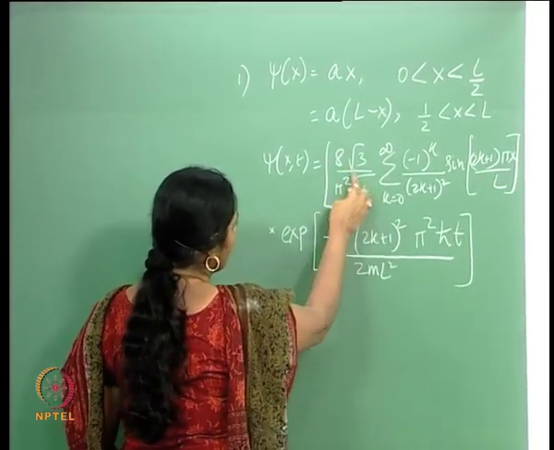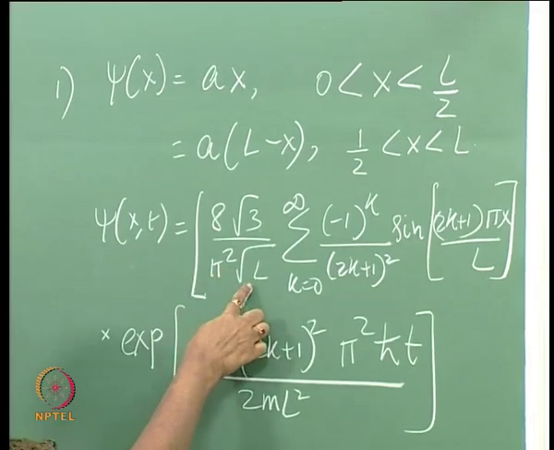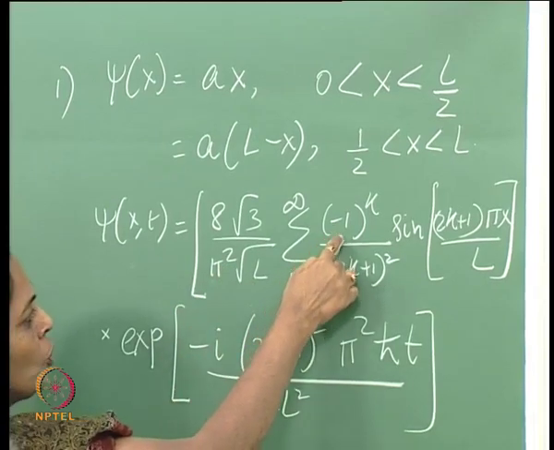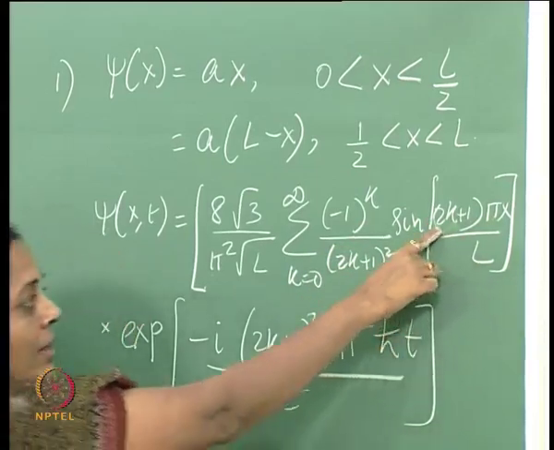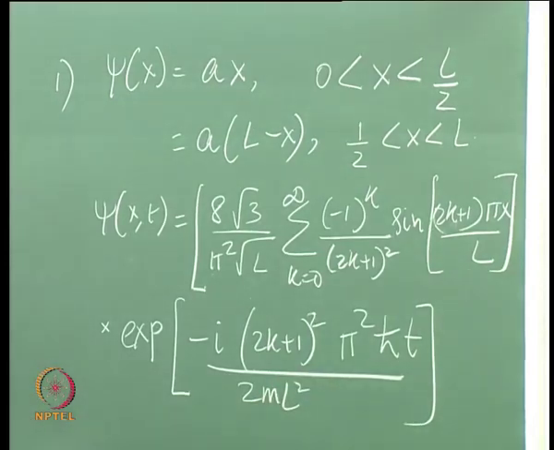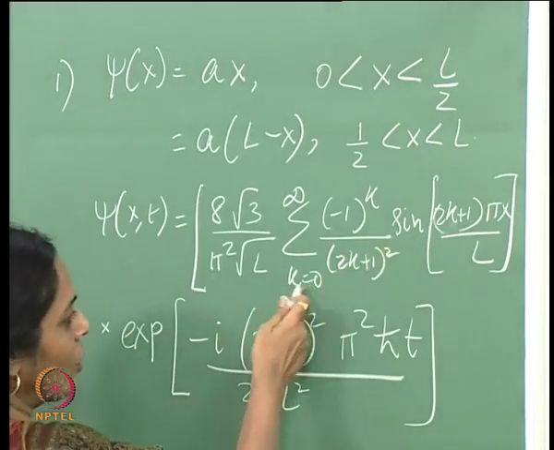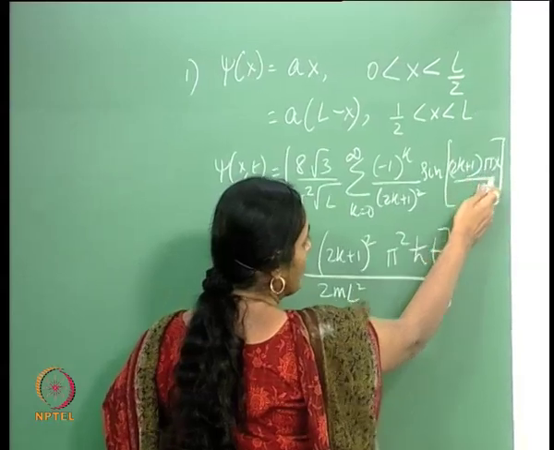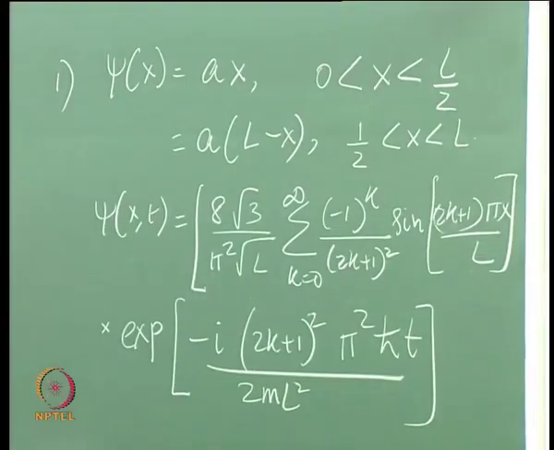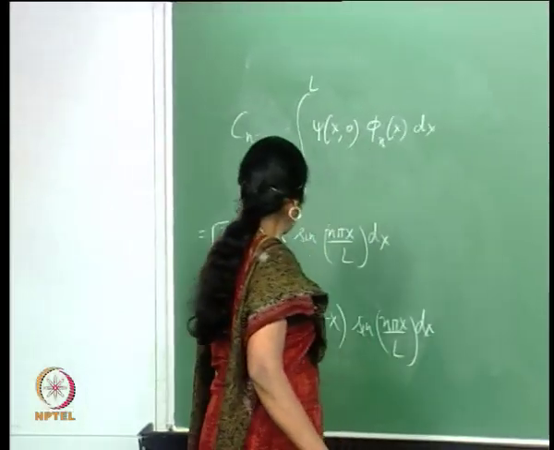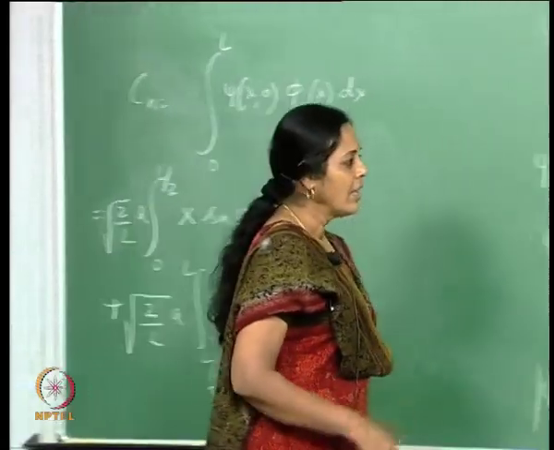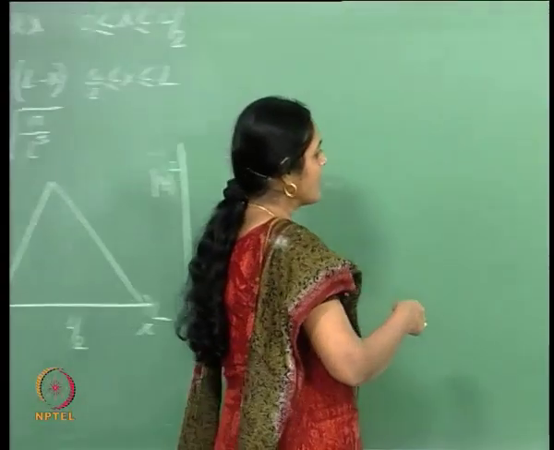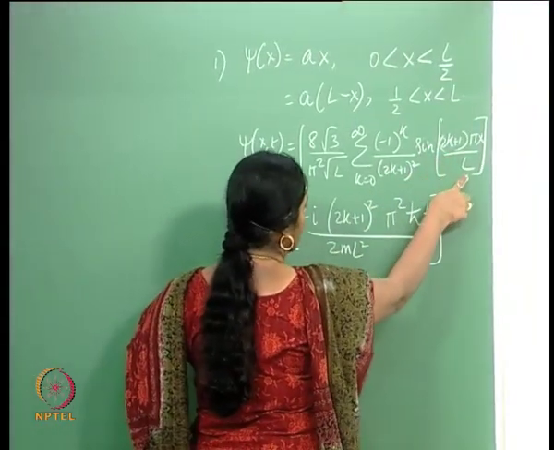Apart from a constant 8 root 3 by pi squared root L, there is a contribution minus 1 to the k by 2k plus 1 the whole squared sine n pi x by L. Note that contribution comes only when n is odd, and that is why I have written instead of n I have called it k, and therefore I have written 2k plus 1 pi x by L. This integral out here vanishes, the Cn's vanish for n even, and there is a contribution only for n odd, and that is why there is a 2k plus 1 pi x by L there.